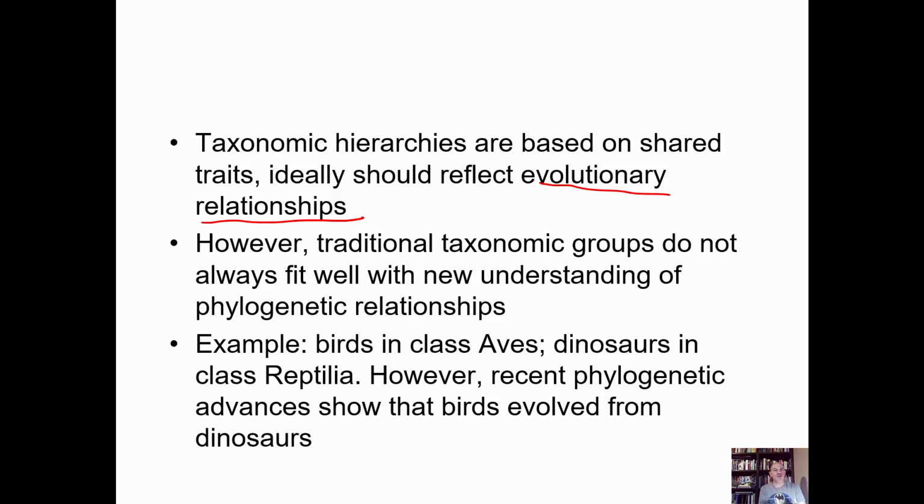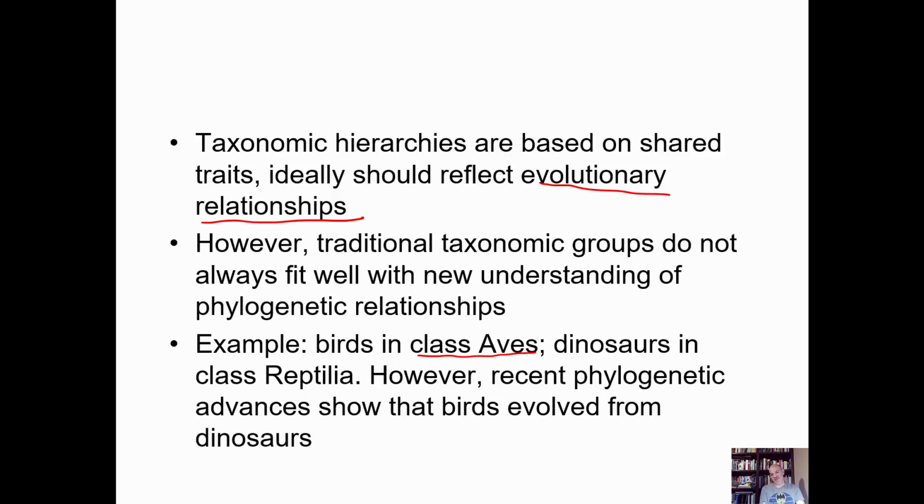So here is where those terms monophyletic, paraphyletic, polyphyletic come in. We're now going to try to connect our classification to the systematics, to the evolutionary history. To give you an example of how names that we still use today might not fit the evolutionary history, just look at birds. Birds are in a class called Aves, okay? All on their own group. And dinosaurs are in a group, they're extinct right now, but they're in a group called Reptilia.